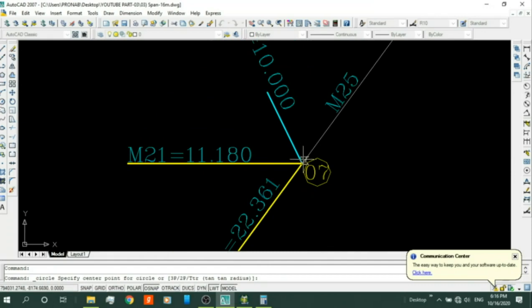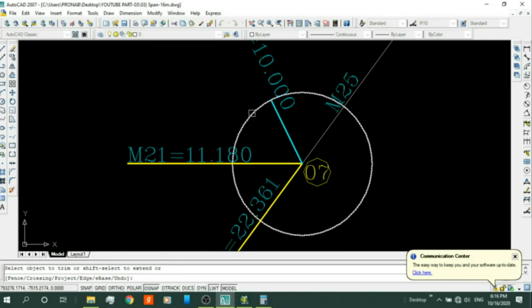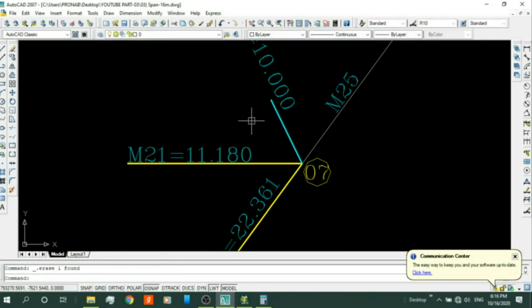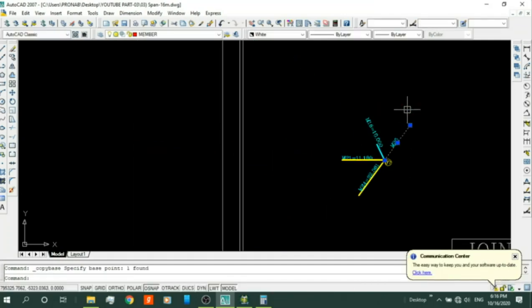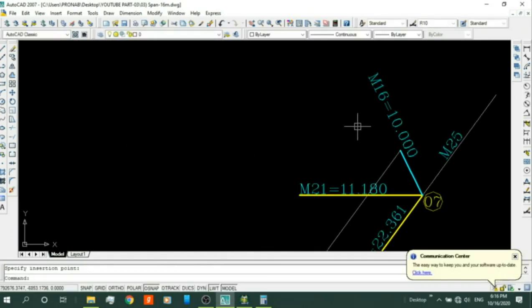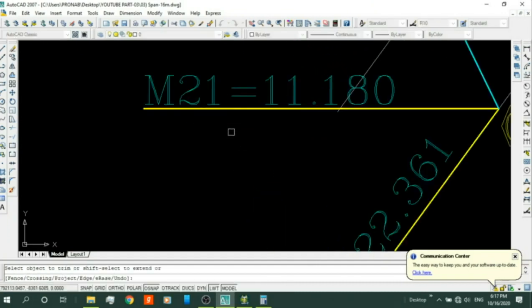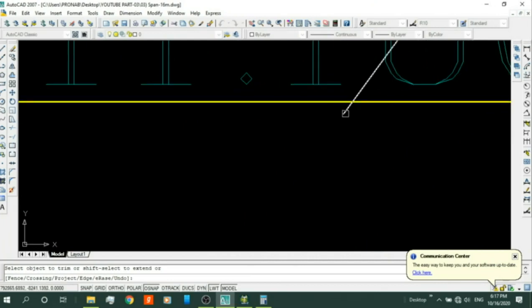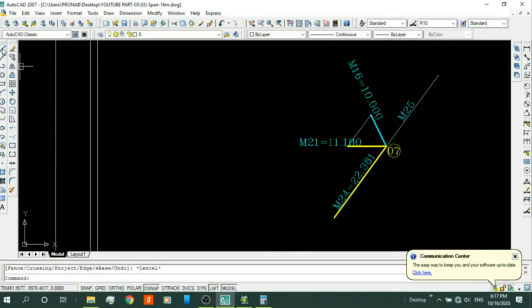Now draw a circle here of radius 1000. Delete the circle, copy, paste here. Draw a horizontal line here.